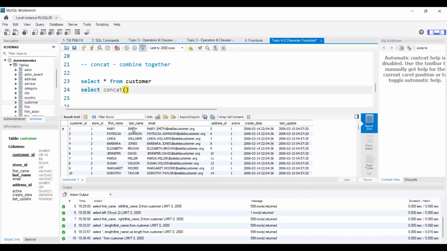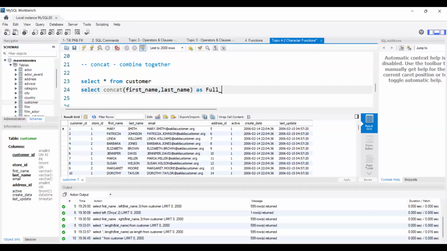I will write concat of first name comma last name, and give it an alias name. Whenever we give an alias name, we use the AS keyword, as we discussed yesterday. Whatever alias name we give will be our column name. Instead of displaying first name comma last name as the column name, it will display full name.